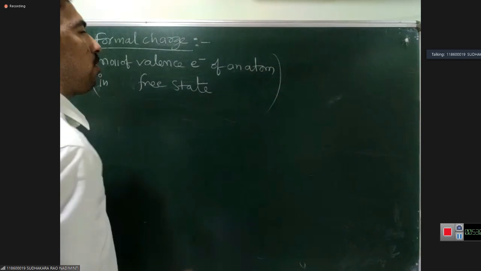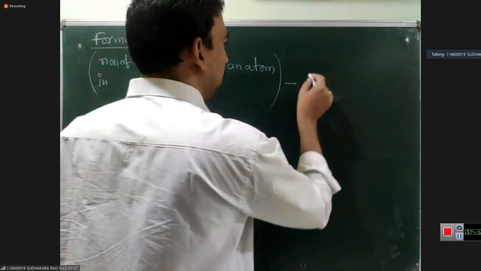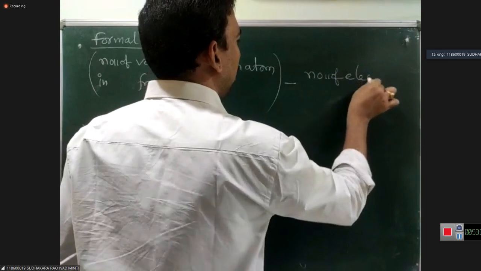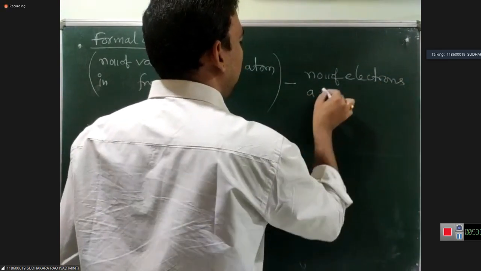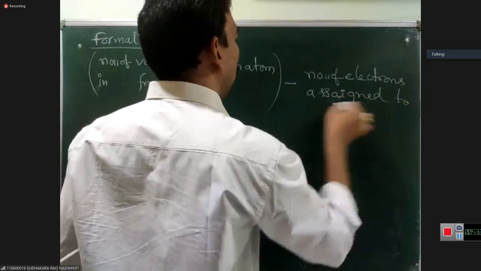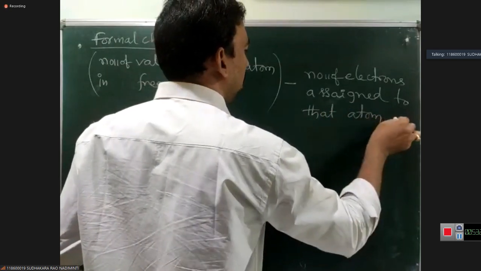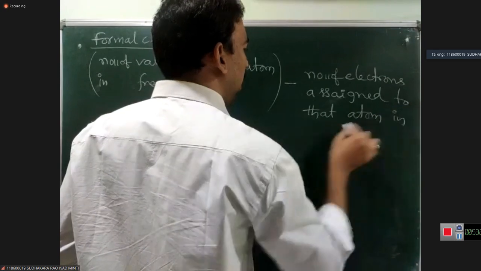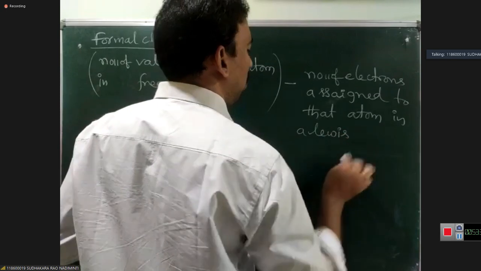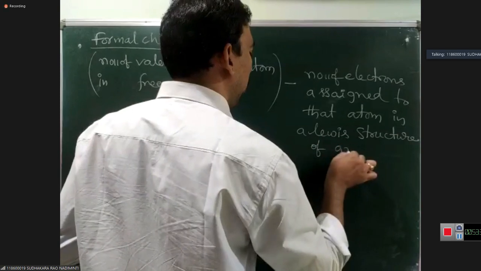So number of valence electrons of an atom in free state minus number of electrons assigned to that atom in a Lewis structure of a molecule.